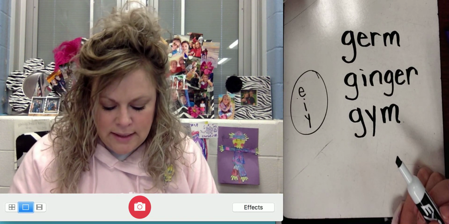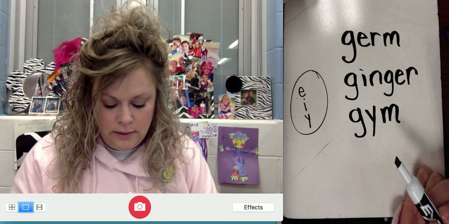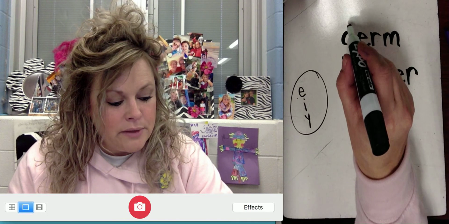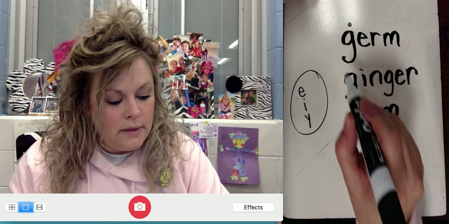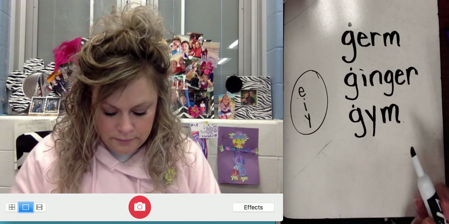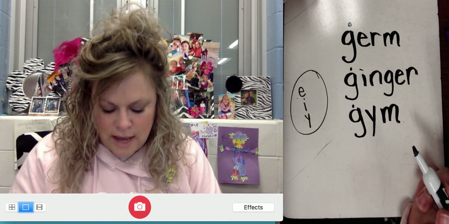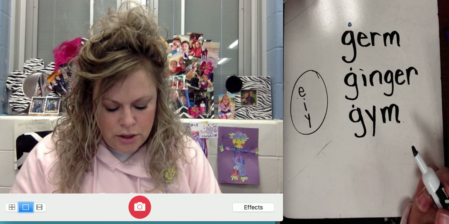So when we see the letter G before the letters E, I, or Y, we will code the G with a dot to remind us that it is a J instead of a G, okay? This dot is just like the dot over the J.